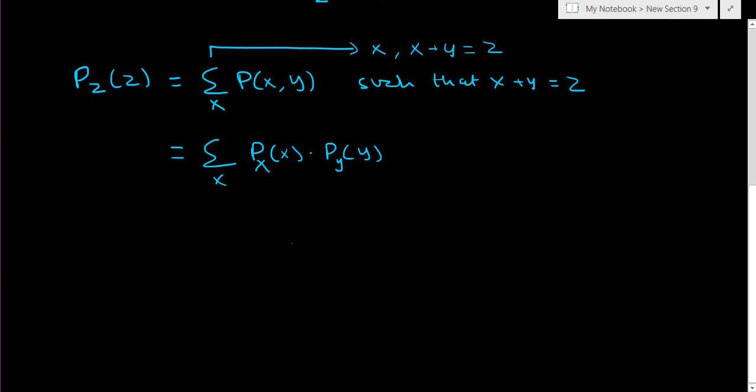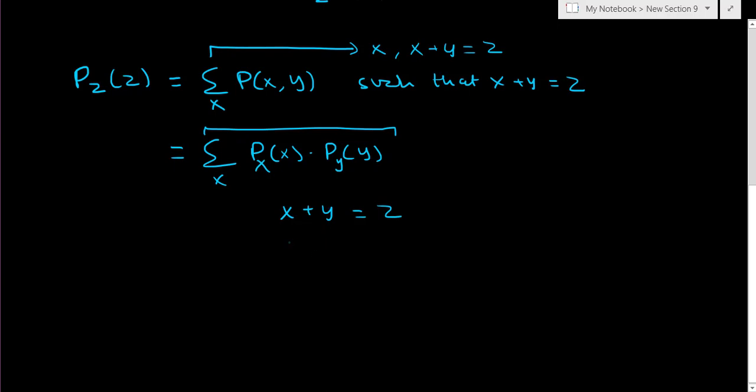Now I know something here. In order to transform this, I know that x plus y is equal to z. Okay, so I want to make this entire function only in terms of x, so that I can add up all the x's and get the result in terms of z. So I basically want to eliminate y here.